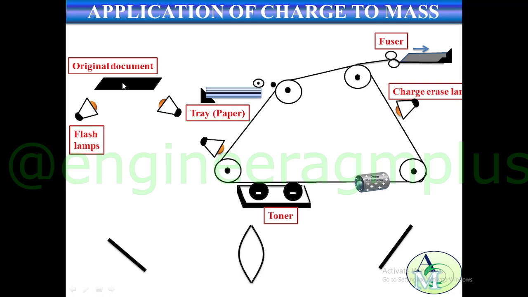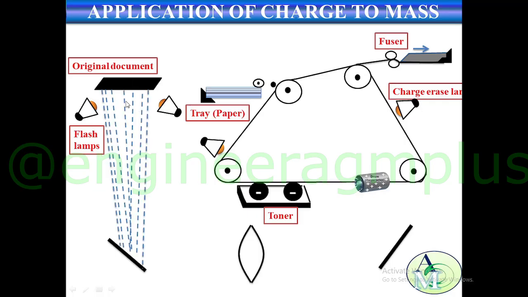When the document is placed in the photocopier, a bright light scans it. This image is formed on this mirror, and this mirror reflects the image of the document to a convex lens, which is this. The convex lens focuses and slightly magnifies the image, that is, it makes this image bigger.